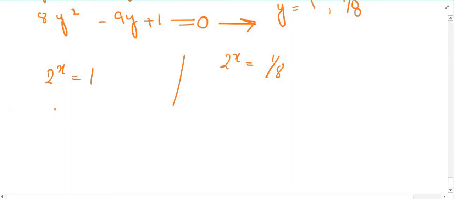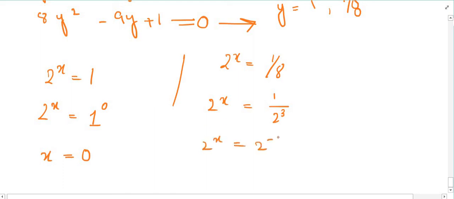Now compare the exponents for finding the roots. How? We can write 1 as 2 to the 0. Now just compare the exponents. First x is 0. For this, 2 to the x equals 1 by 8, we can write 2 to the x equals 2 to the minus 3.